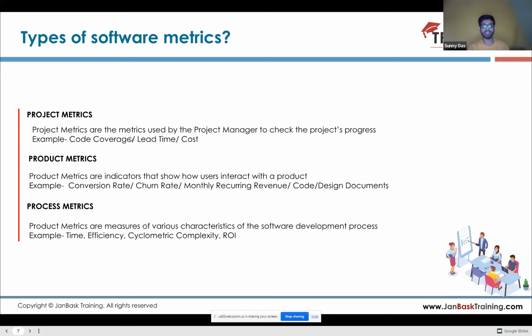There are different product metrics as well. If it's a product development company, and they are selling that product to different customers. So what is the difference between a service based company and a product development company? In a service based company, the company will have different clients, and the clients will tell you, okay, I need this. Based on that requirement, the team is going to develop it.